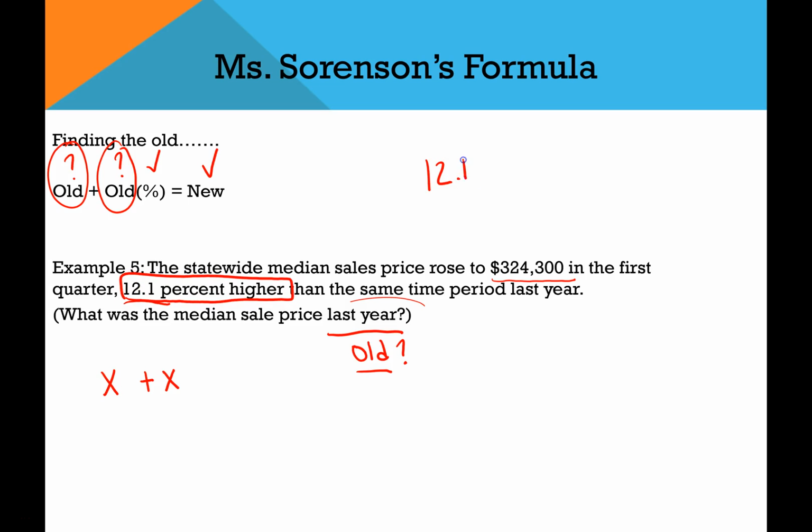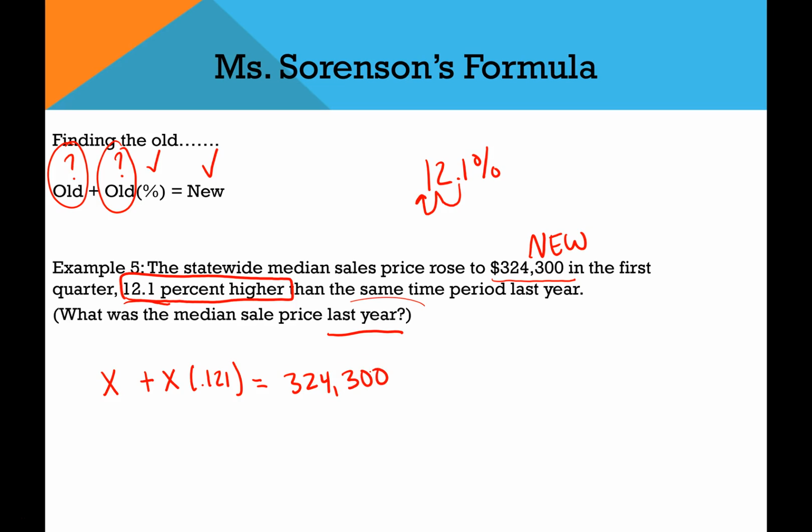Well, 12.1% as a decimal is going to be 0.121. And that's going to be equal to my new value. My new value was 324,300.